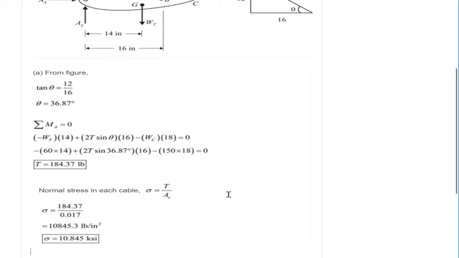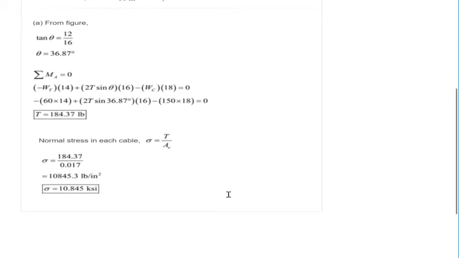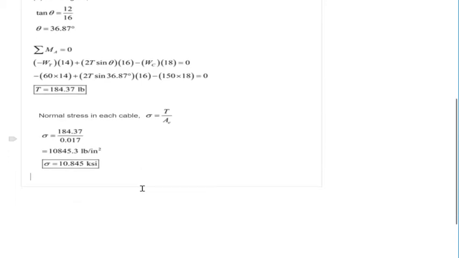Perfect. So we have it here. The normal stress in each cable is going to be the tension divided by the effective area, which is 184.37 divided by 0.017, which would be 10.84 KSI.